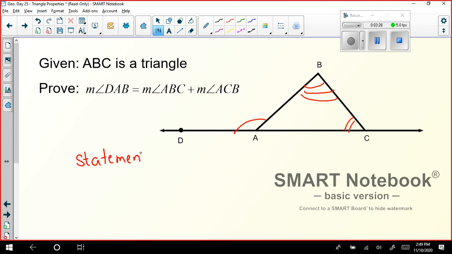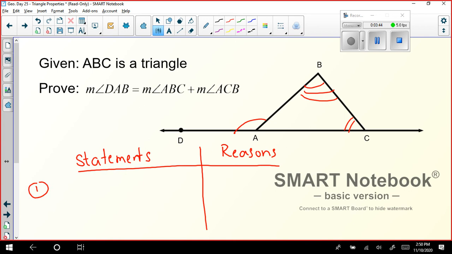Statements on the left and reasons on the right. So first list what is given. ABC is a triangle. That is given. Then from the figure I have these two angles as a linear pair.